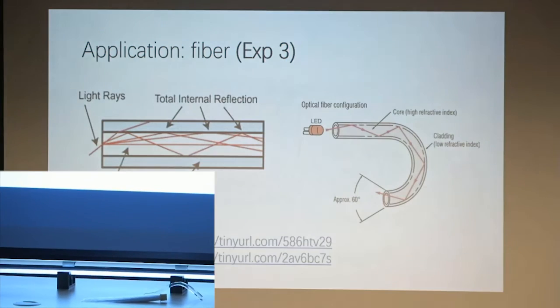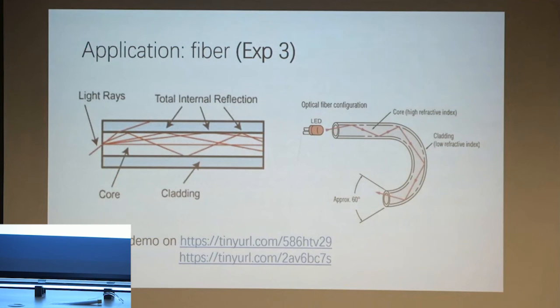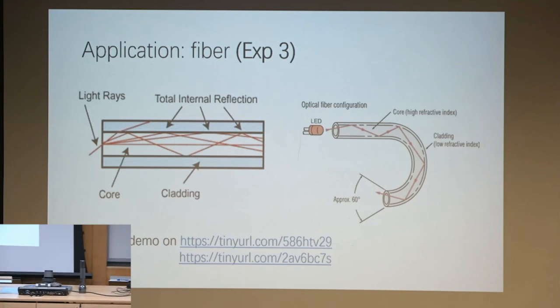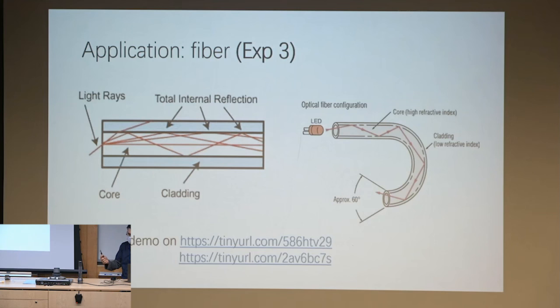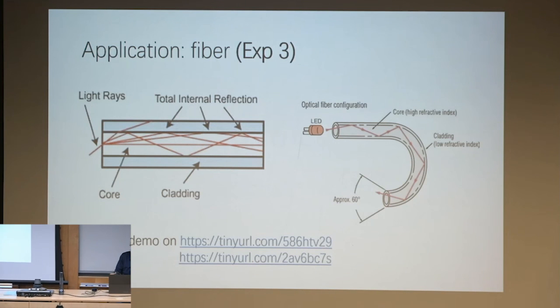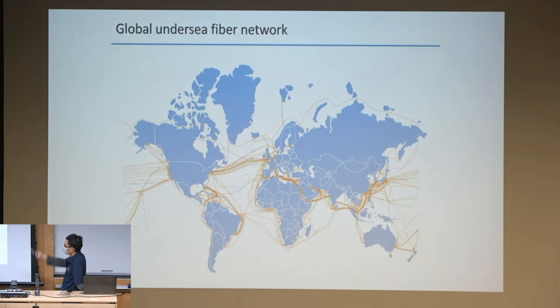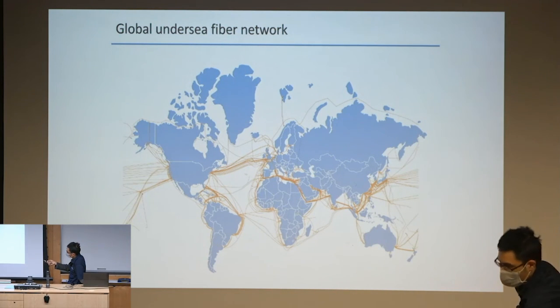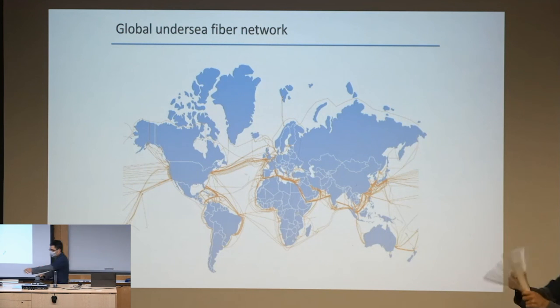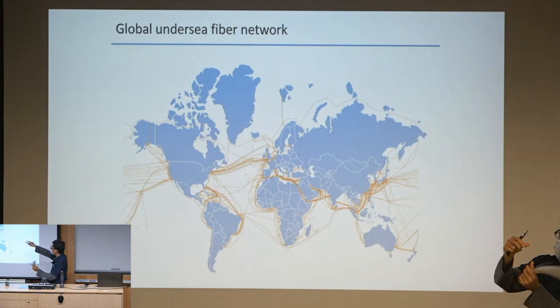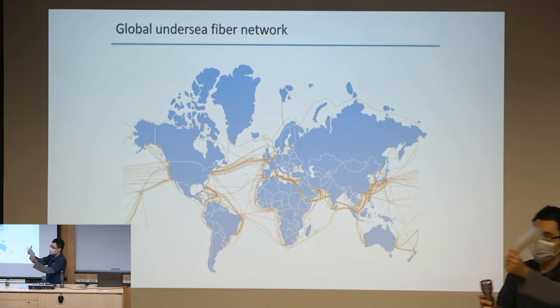This is a very important experiment and application in our internet right now, because we can use light to transfer information, video or audio. This is the global undersea fiber network. You can see the original light is in the fiber, and each of the orange lines is like this one line.